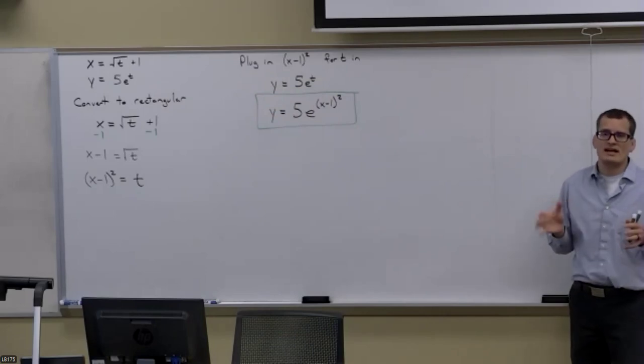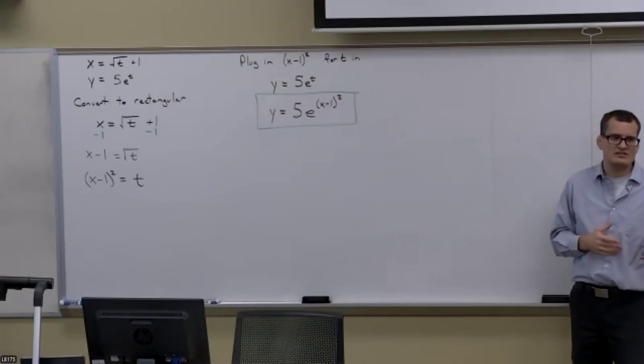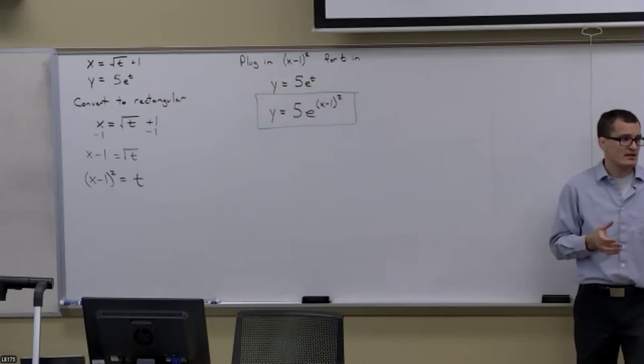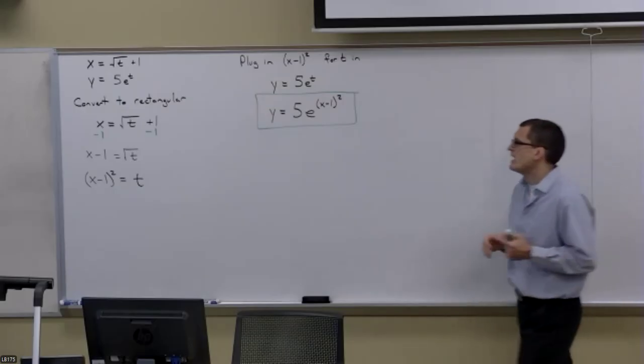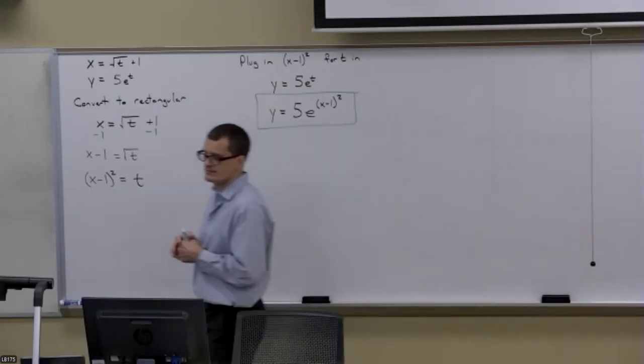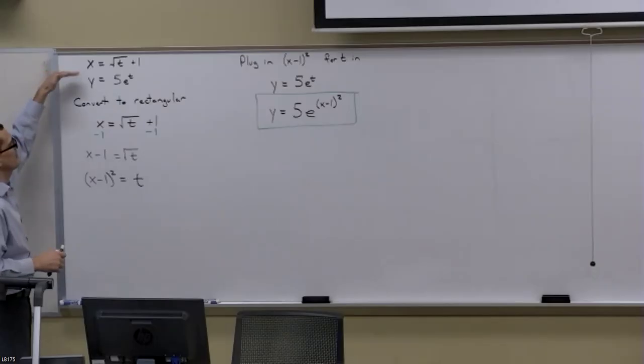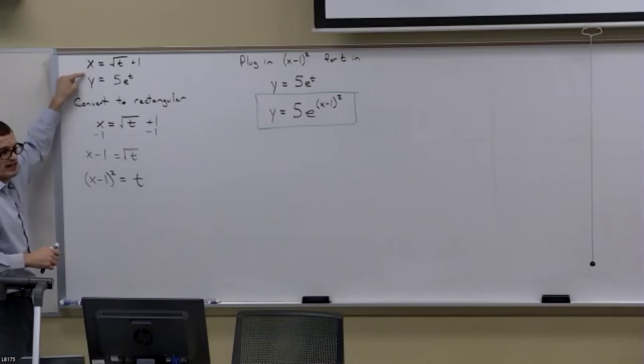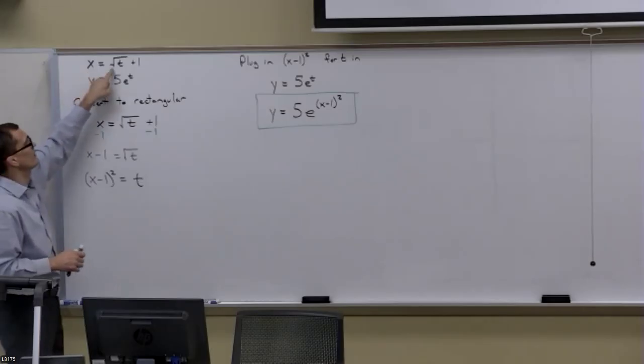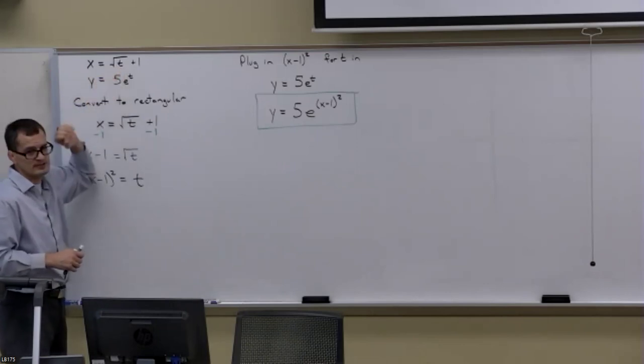Now, the one thing I wrote on that slide was watch out for the domain. It turns out that because of the way these parametric equations are written, only certain x values will be allowed. X values that are 1 or higher. Because the square root of t at most can be 0.